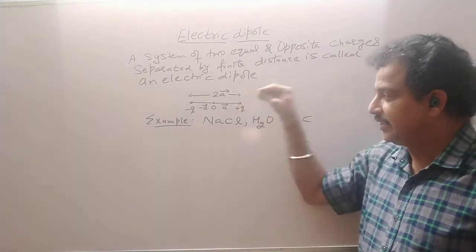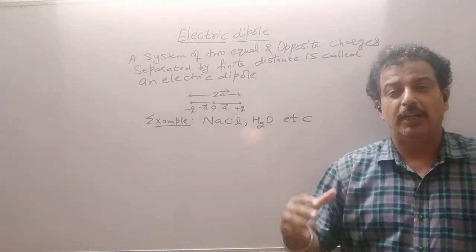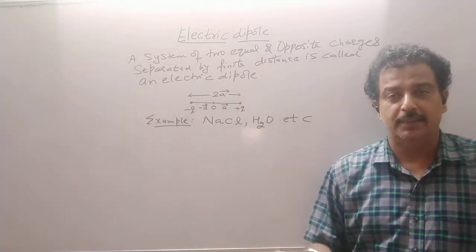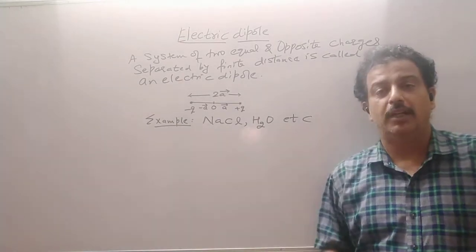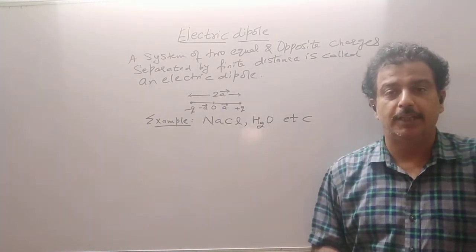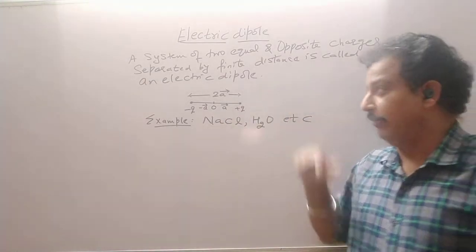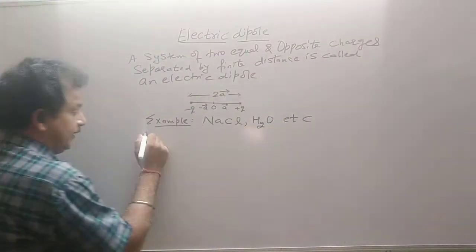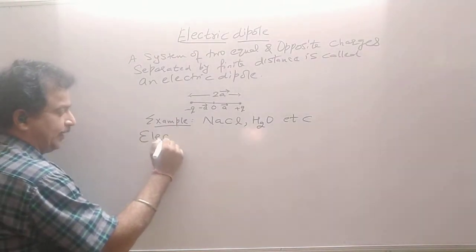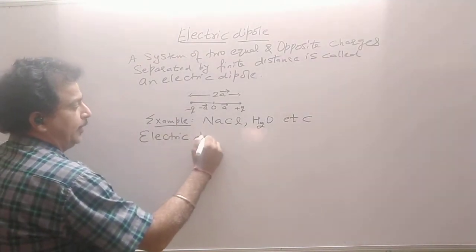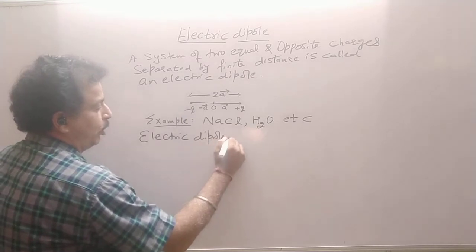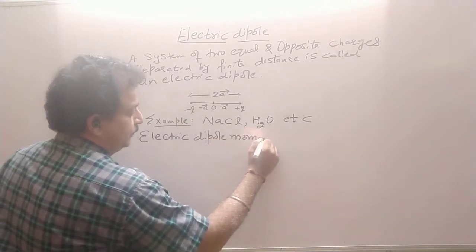Now when we place this dipole, it will have some behavior. Behavior means it will rotate or it will perform a translational or linear motion. So in order to understand its behavior, we need to define a new physical quantity which is called electric dipole moment.